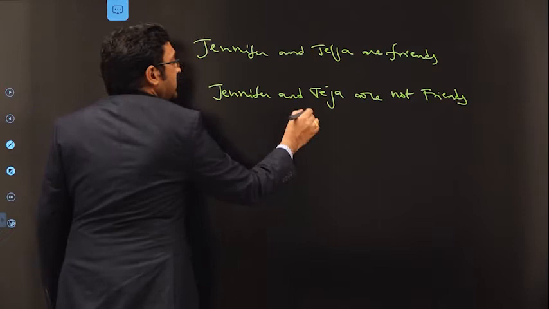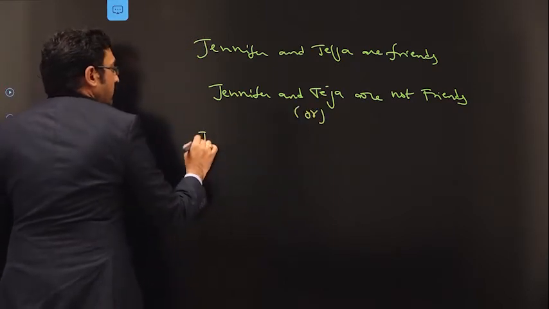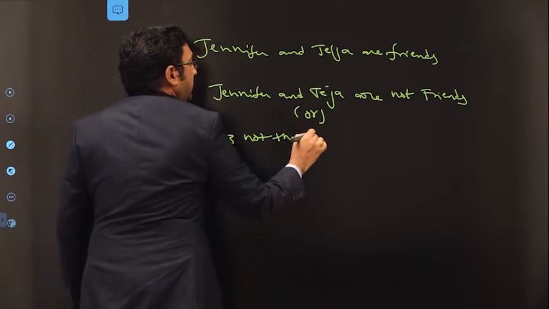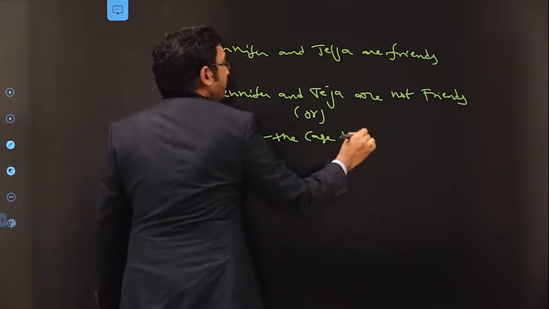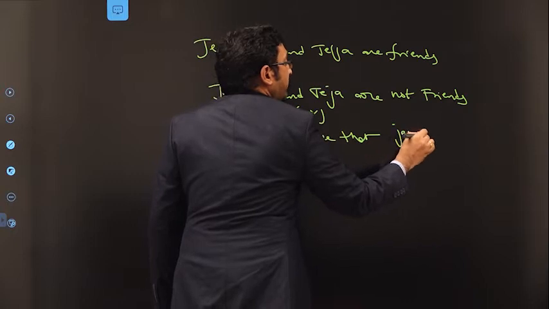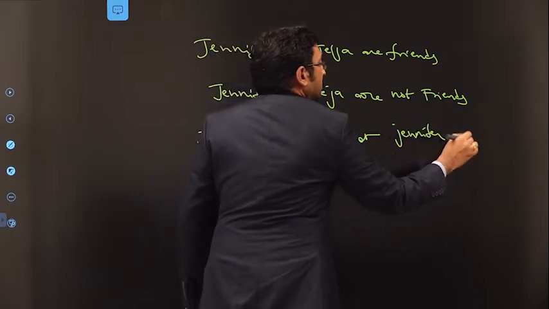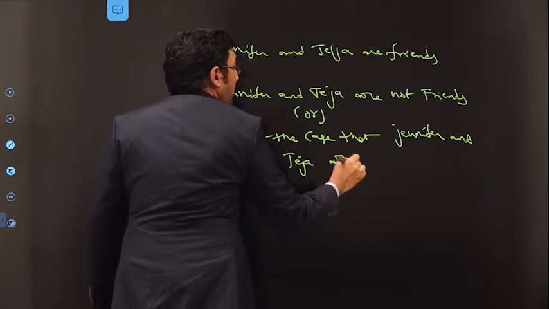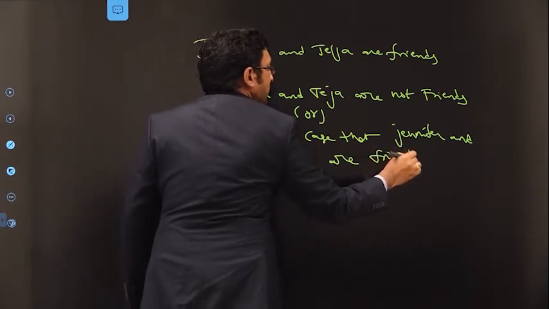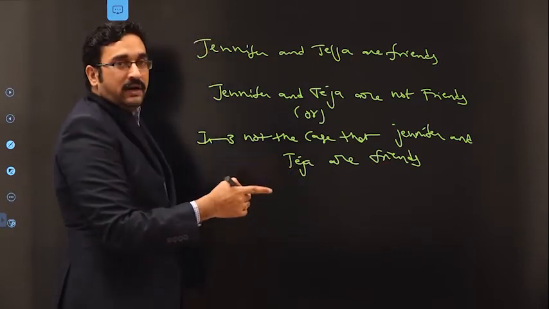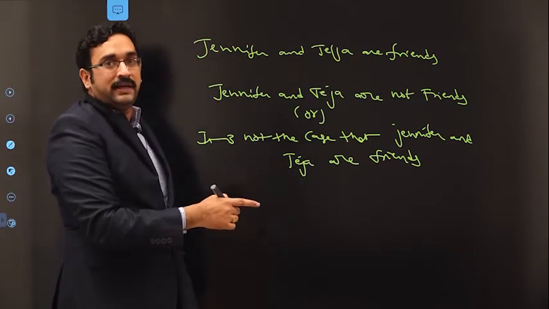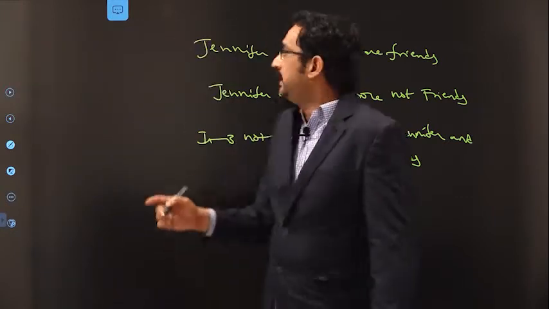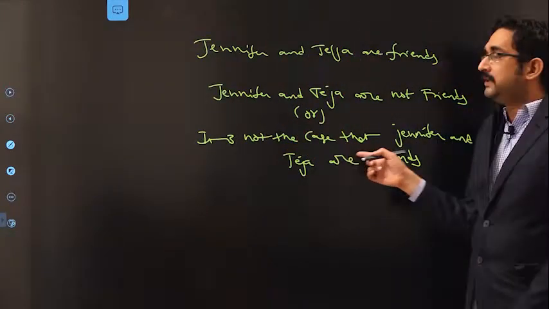And another way is it is not the case that Jennifer and Teja are friends. Jennifer and Teja are not friends, or it is not the case that Jennifer and Teja are friends. In both ways we can represent the negation of the given statement.